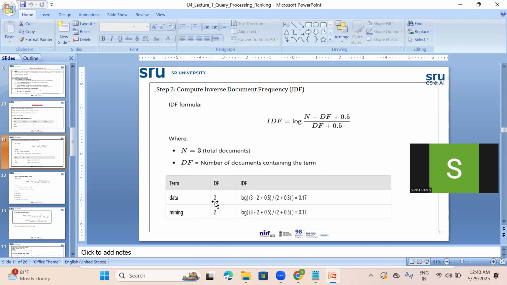For data, DF, document frequency, is 2, meaning it appears in 2 documents. So DF is 2, and the IDF is this value. For mining, DF is 2, meaning it appears in 2 out of 3 documents. The IDF value is this.